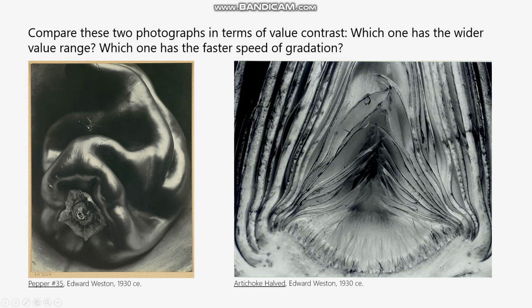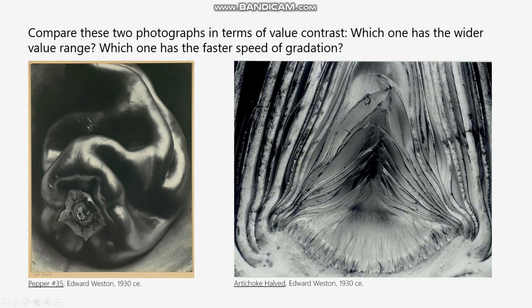Overall, the Edward Weston photograph of the pepper feels like it has a greater amount of value contrast, because even though the lightest light is not as light as the lightest lights in this image, and even though the darkest darks are not quite as dark and rich as the darkest darks in this image, which has to do with the type of printing that was used, the movement from the light to the dark feels quick.